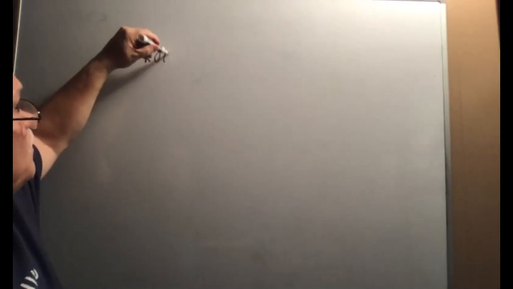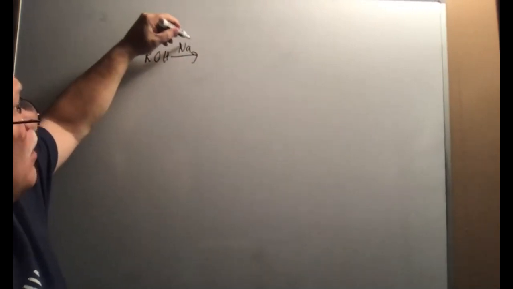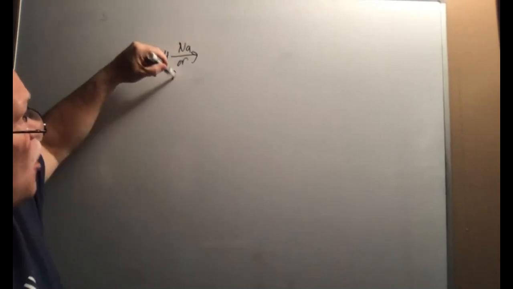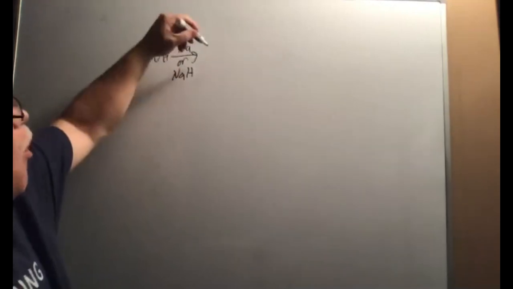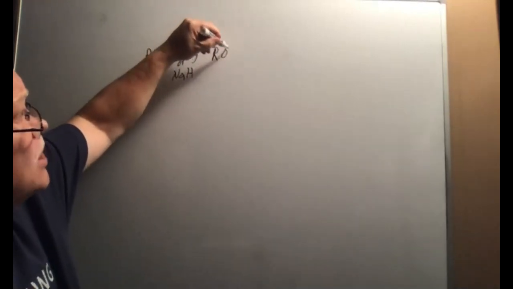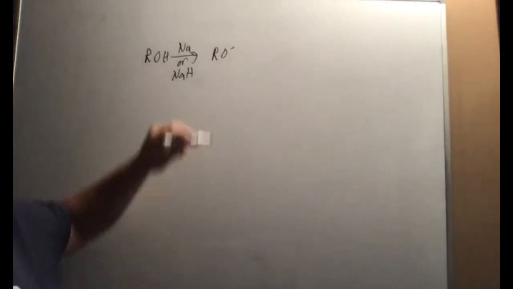Remember, we said that you could take an alcohol and react it with sodium metal or sodium hydride. We used both of these last semester. What that basically did was deprotonate the alcohol. Now, we could finish the reaction, but all we really cared about was that it deprotonated the alcohol.